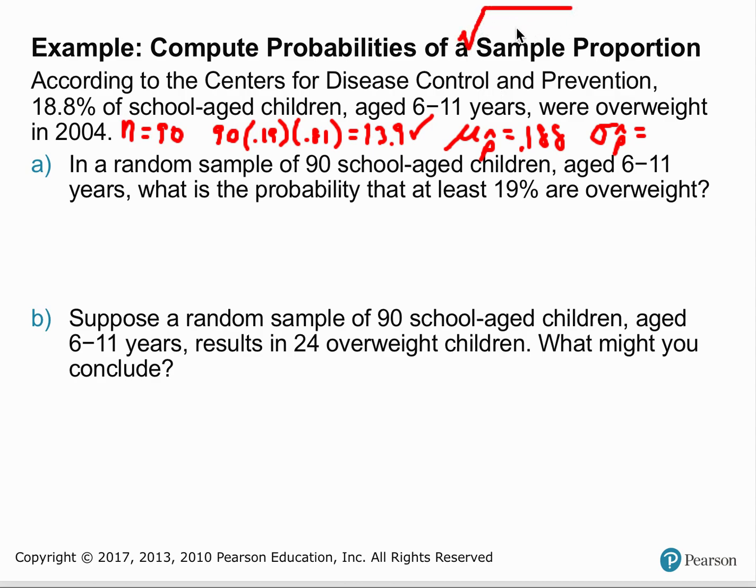It would be the square root of 0.188 times, 1 minus 0.188 is 0.812, all over 90. Let's put that in our calculator. Square root of 0.188 times 0.812 divided by 90 is 0.0412.